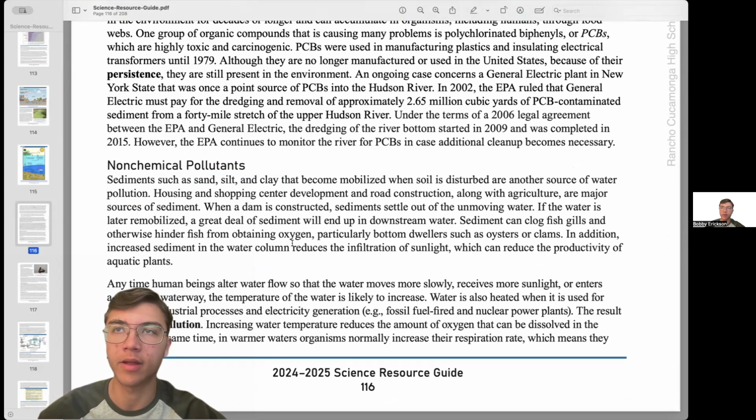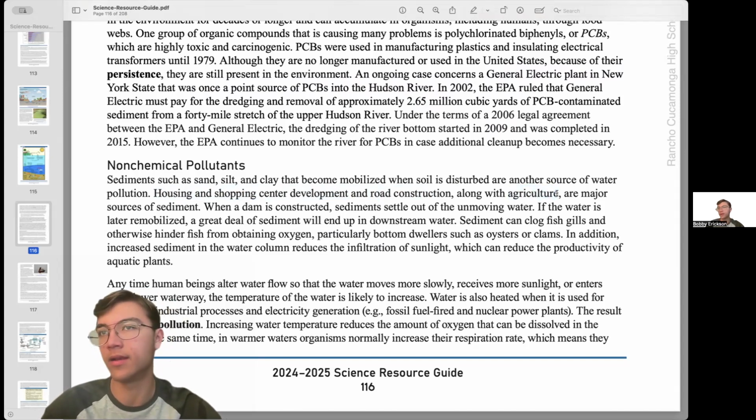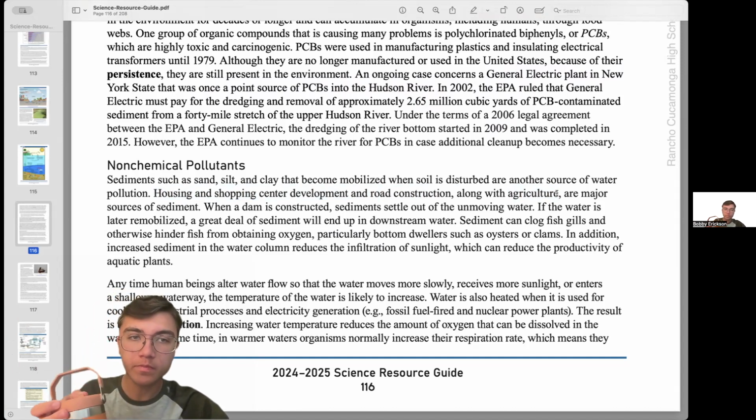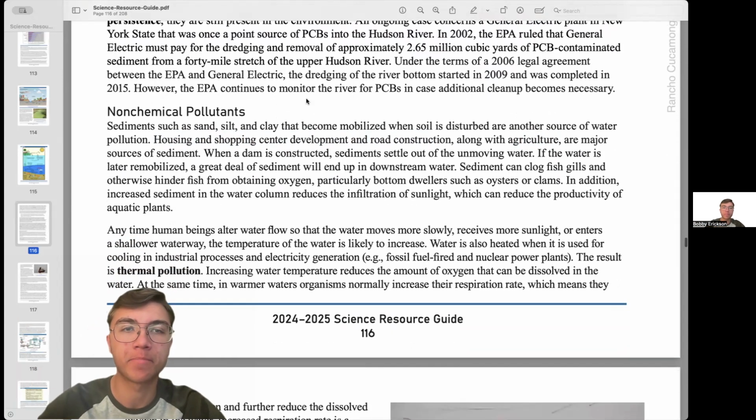So we're thinking about, okay, well, even soils can be pollutants. Now, how? Well, housing and shopping center development and road construction, so buildings and roads, and agriculture. So we're using the soil and it may be degraded, remember, and blown away in the wind and deposition happens. These are all major sources of sediment.